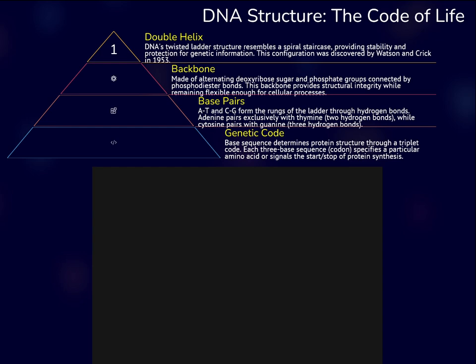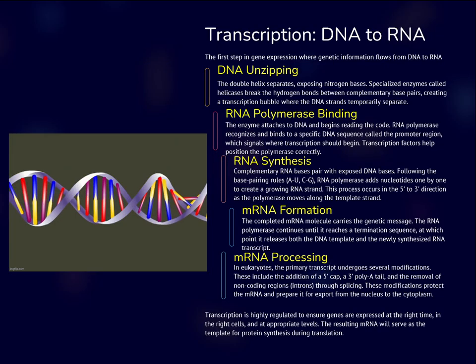This ensures that genetic information is preserved through different cell divisions. This elegant molecular architecture represents one of nature's most sophisticated information storage systems, which is capable of encoding the instructions for building and maintaining all living organisms on Earth.